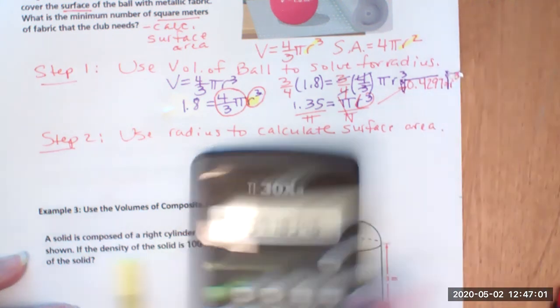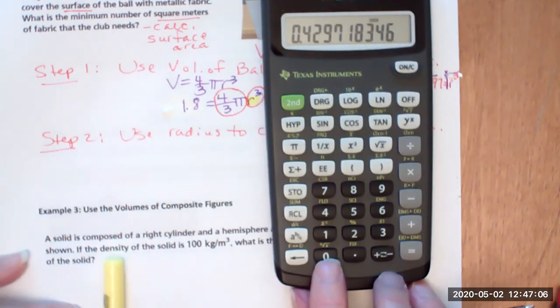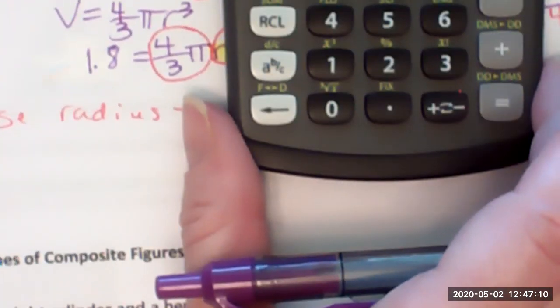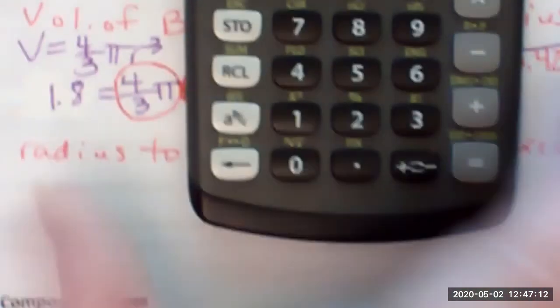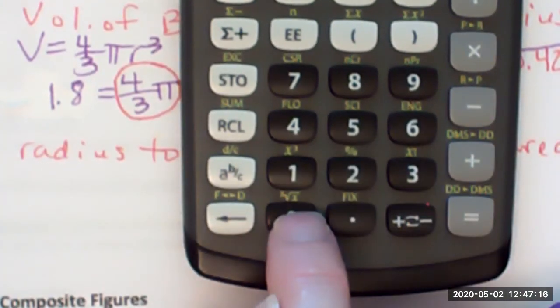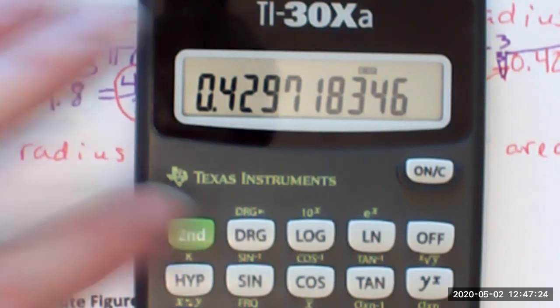To do that on my calculator, cube root is the second function right above the 0. I'll zoom in on that for you. If you have your own calculators there with you, you can use them. If you just hit second 0, you'll get the cube root.